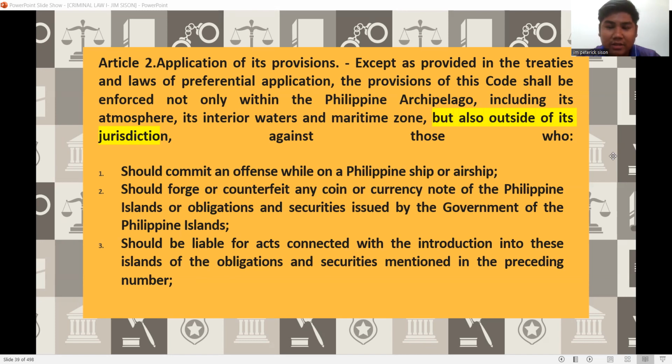This is the exception to the general rule of the territoriality characteristic of criminal law. As a general rule, under the territoriality principle, the Revised Penal Code or penal laws are enforceable only within the Philippine territory, within the Philippine archipelago, including its atmosphere, interior waters, and maritime zone. And this Article 2 is the exception.